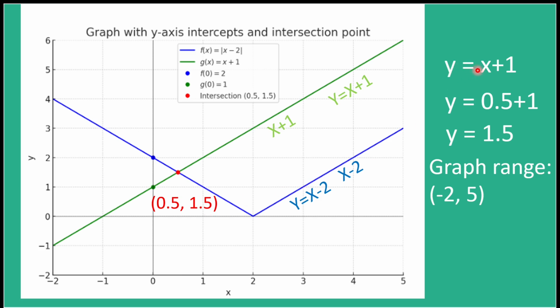You can say y equal to x plus 1, and if you put x equal to 0.5, which is our solution, then you will get 1.5. So this 0.5 and 1.5 is your point of intersection. And with this, we have taken the graph range from -2 to 5. So this is -2 and 5.